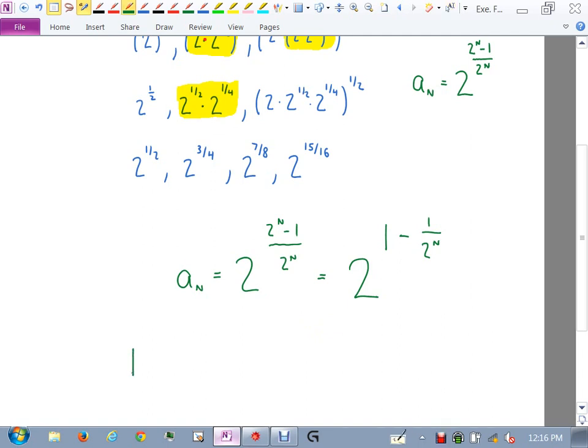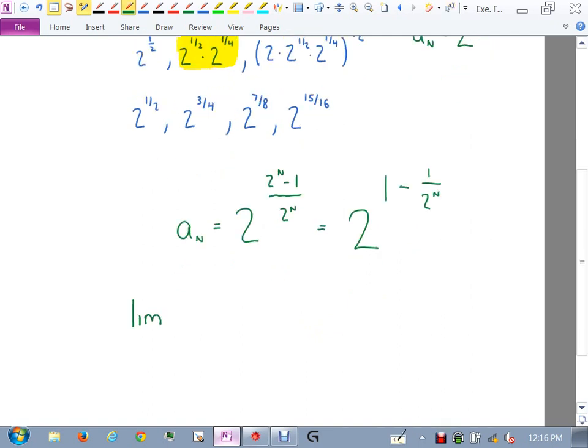Now, take the limit as n goes to infinity of 2 to the 1 minus 1 over 2 to the n. Where does that go? So 1 over 2 to the n goes to 0, right? 1 minus 0 goes to 1. So 2 to the 1 is just 2.